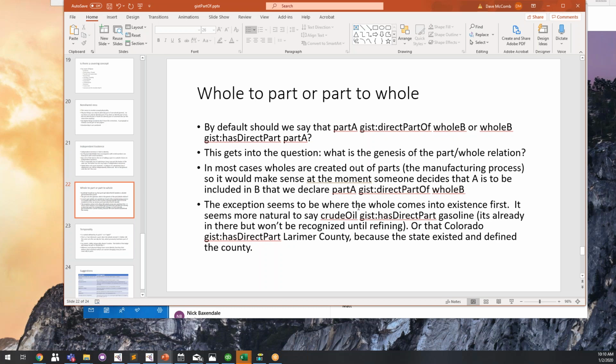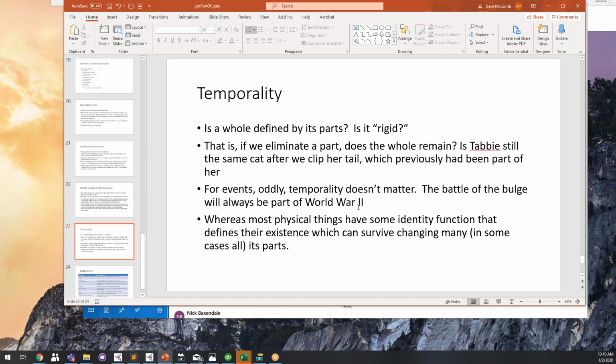Okay. Jonathan, I've got two to go here. The temporality one, this is the ship of Theseus and all that stuff: is a whole defined by its parts? Generally not. The definition of whether something's rigid is if you change any of its parts, would it be a different thing?